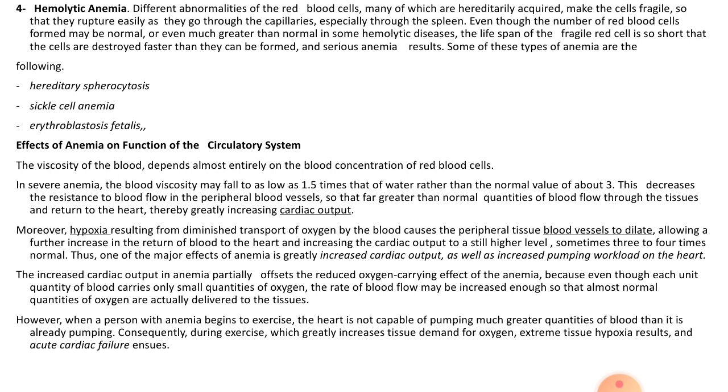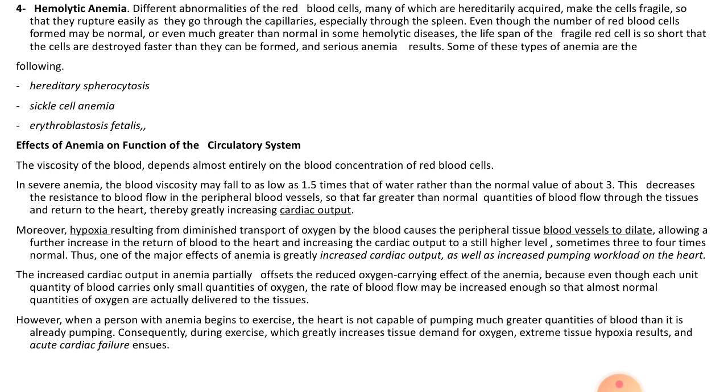Now we will discuss the effect of anemia on the circulatory system. As you know, the viscosity of the blood depends on the red blood cells, and when we have a decrease in the number of the red blood cells, this will result in a decrease in the blood viscosity.